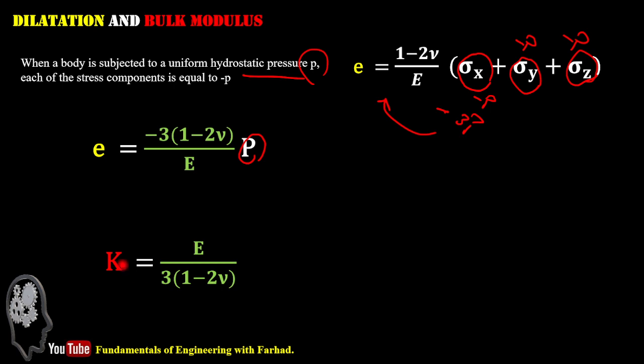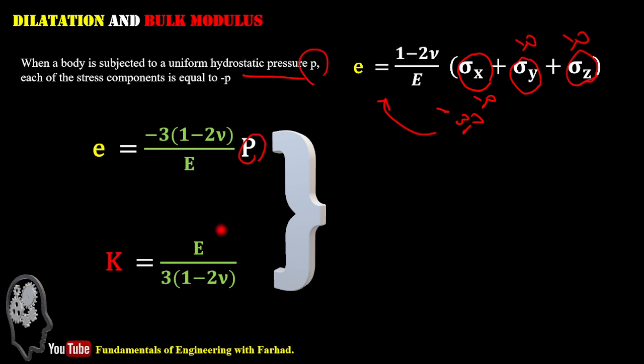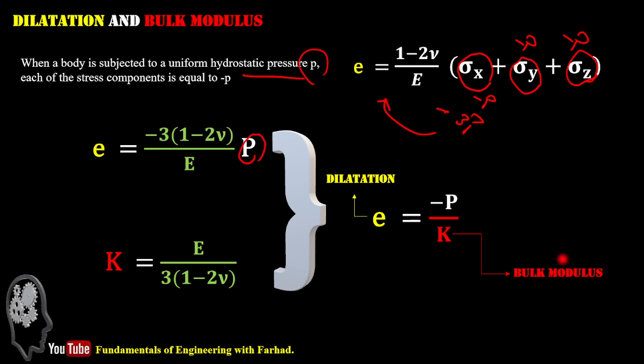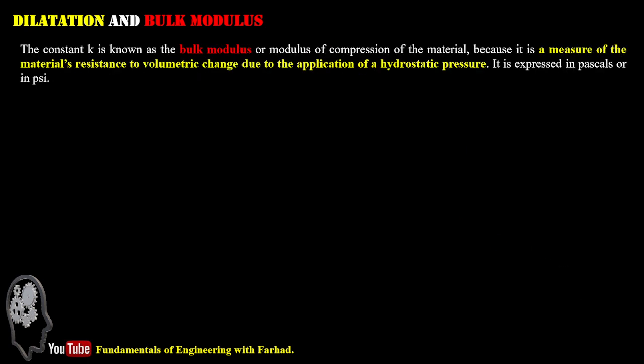And a new parameter we define as K, which is the bulk modulus, and that's E over 3 times 1 minus 2 nu. If you mix these two equations, it gives us that dilatation has an inverse relation with the bulk modulus. We call e the dilatation of a material, and K is the bulk modulus of a material.